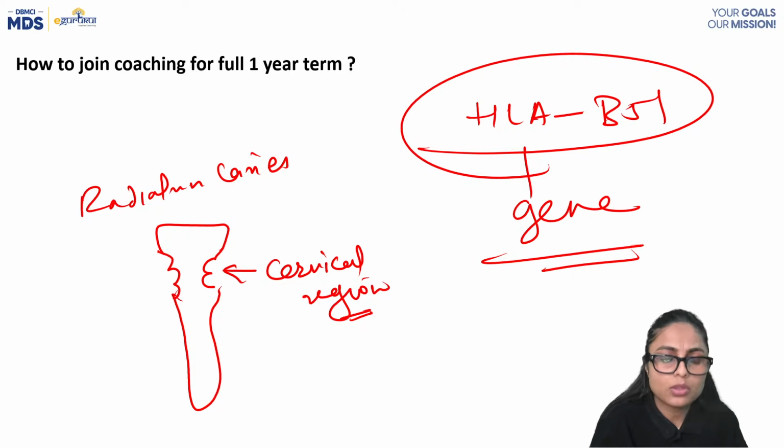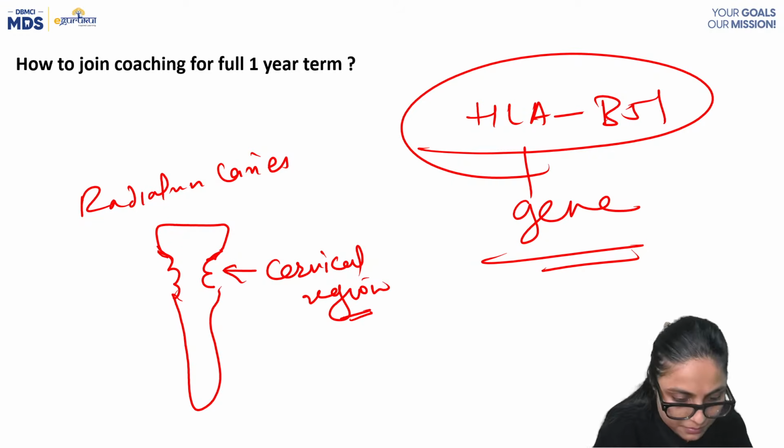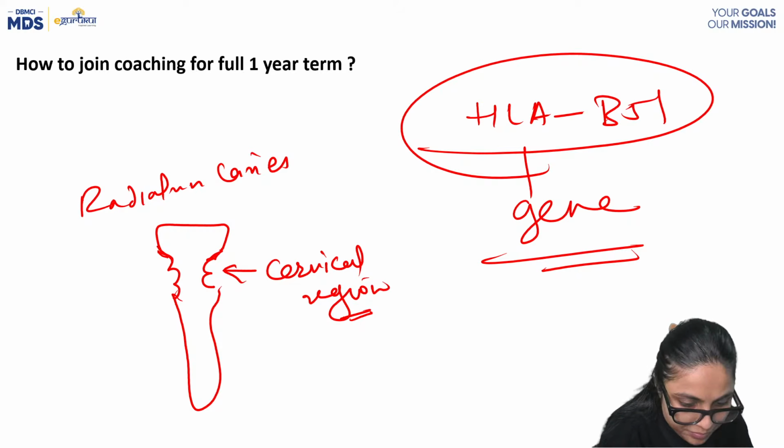So not just enamel or dentine, some part of enamel might be affected because the crown is also involved, correct? The crown has the outer layer of enamel, correct? So not only dentine and cementum, but some partial involvement of enamel could be there. Okay.